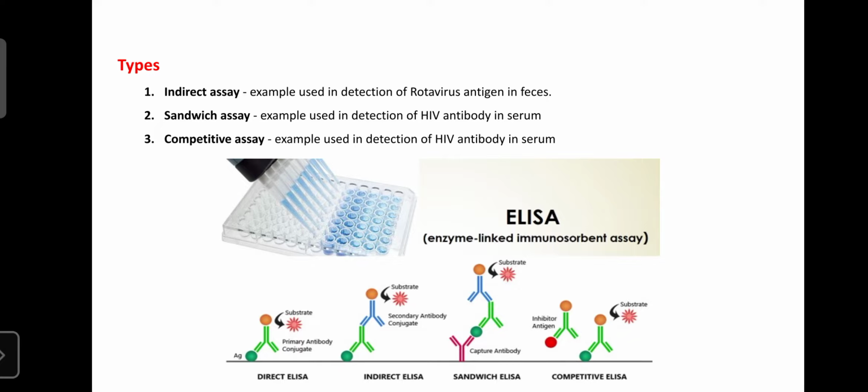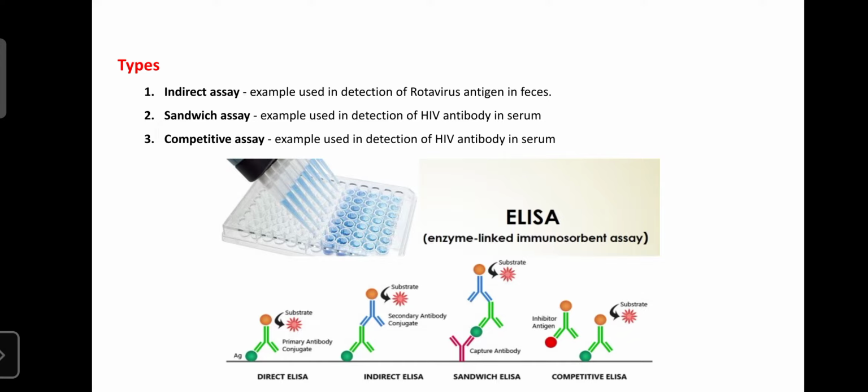Indirect means first we form the complex with the targeting molecule with the help of antibodies. After that we add, once again, enzyme-labeled antibodies. Another complex is formed, and that complex contains the enzyme. Then after that we add the substrate. The enzyme reacts with the added substrate and forms a color. That color is our targeting point. Such a technique is known as the indirect assay.